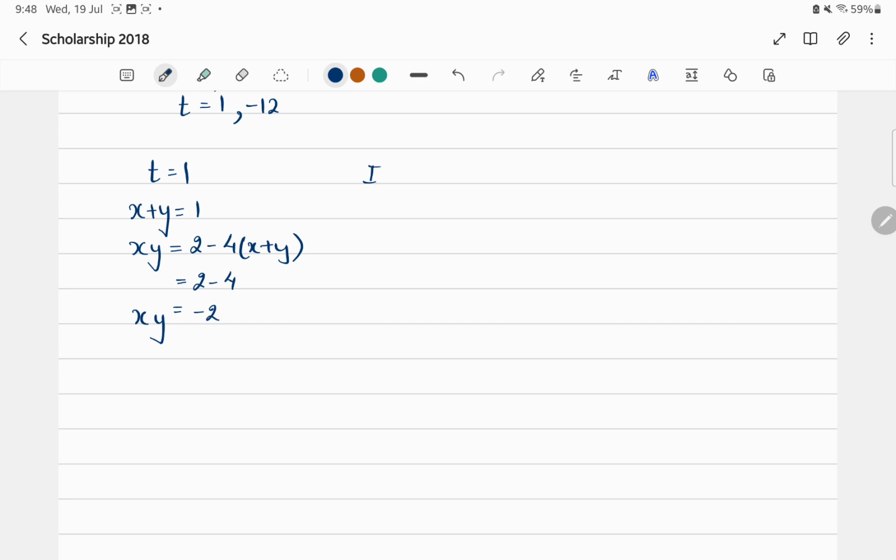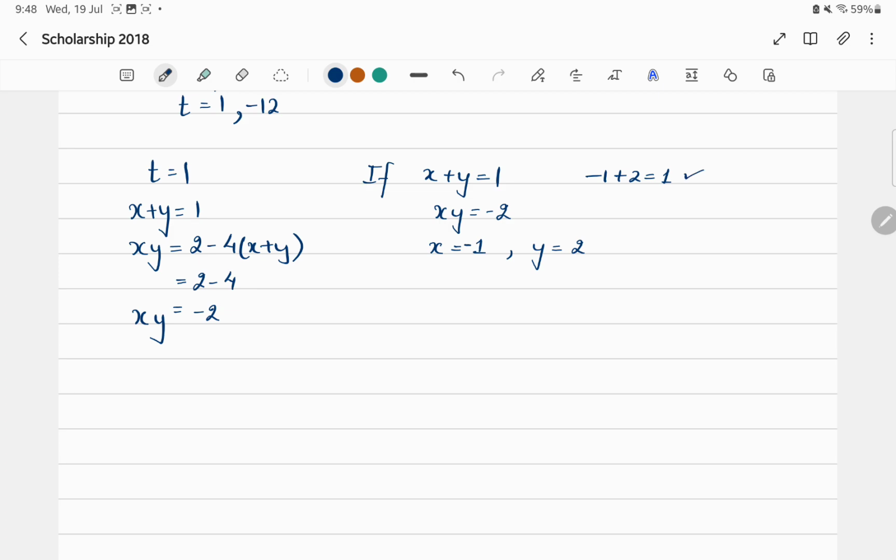So if x plus y equals 1 and xy equals minus 2, the two possible combinations are x equals minus 1 and y equals 2, because minus 1 plus 2 equals 1.